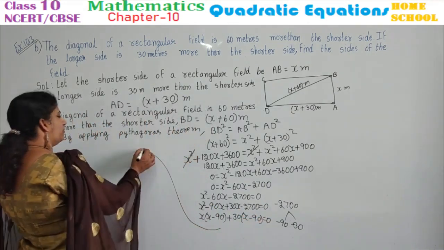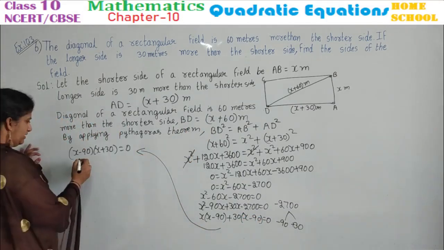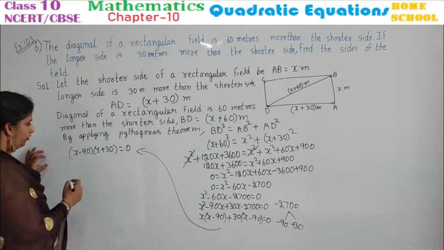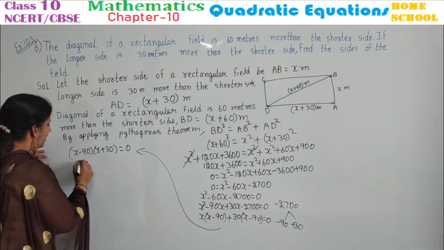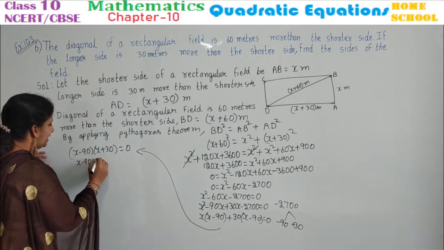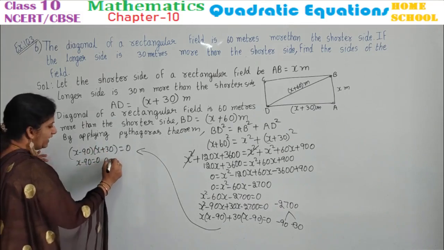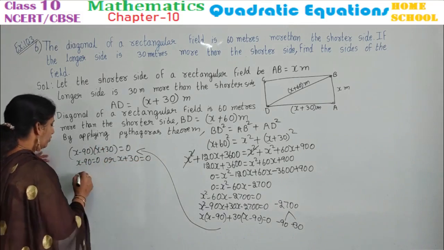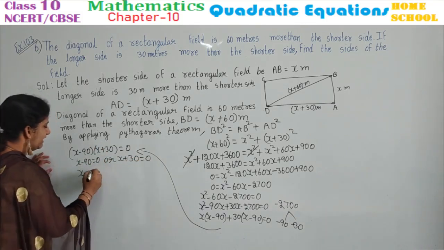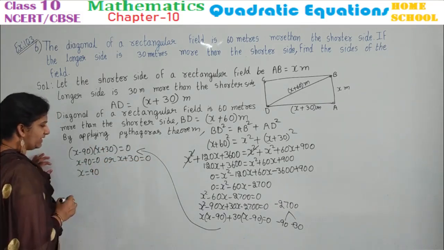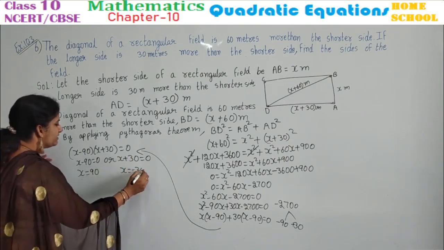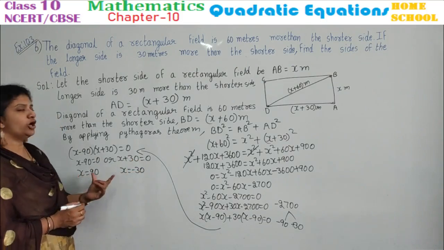Let's carry the problem here. x minus 90 into x plus 30 equal to 0. Now equate each to 0 separately. x minus 90 equal to 0 or x plus 30 equal to 0. Minus 90 will become plus 90. Plus 30 will become minus 30. Now you got your x value.